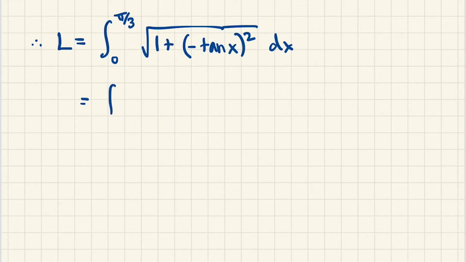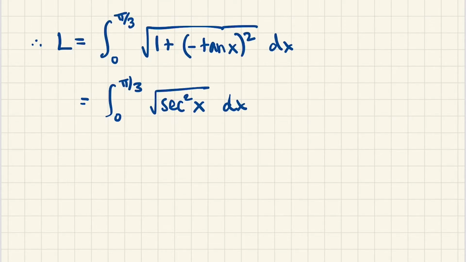So hopefully something happens that's nice. Here the negative is insignificant because it gets squared, so we have radical of 1 plus tangent squared. Well, 1 plus tangent squared is secant squared of x.